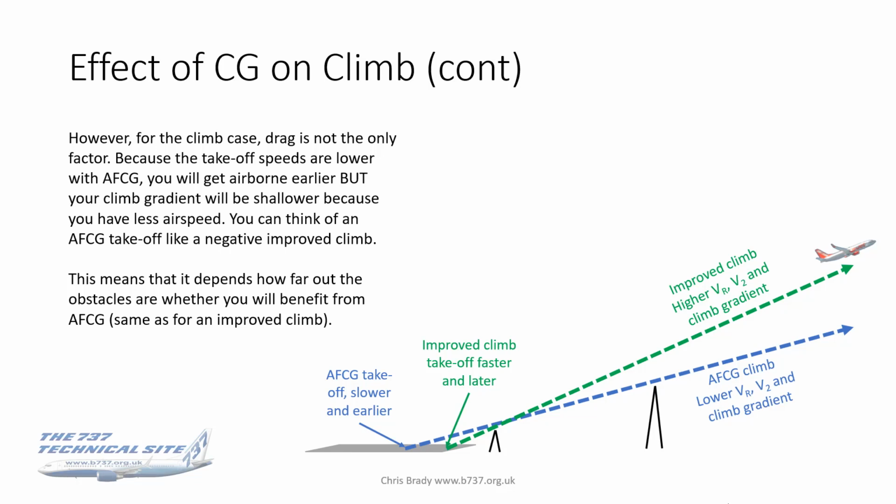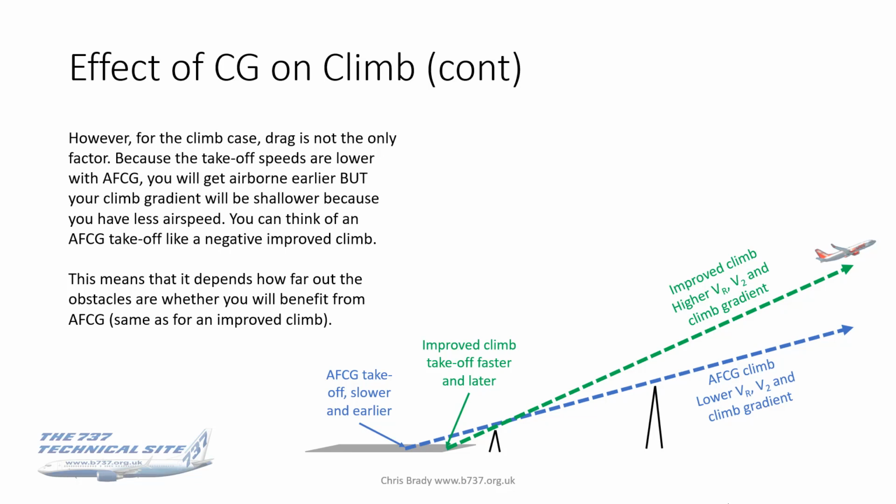Now, depending where the obstacle is, whether it's close in or further out, that may or may not improve your climb or obstacle limit. The way I've drawn it here, I've shown a close-in obstacle, which of course is adversely affected by improved climb, because with an improved climb you're effectively taking off closer toward the obstacle. With alternate forward CG, as we've already seen, it enables you to use lower takeoff speeds.